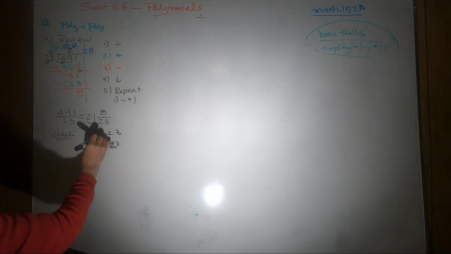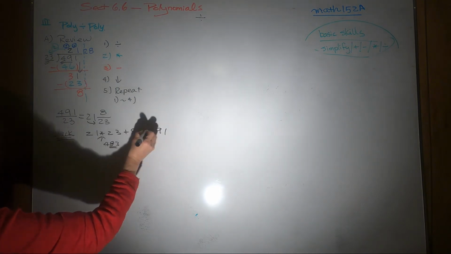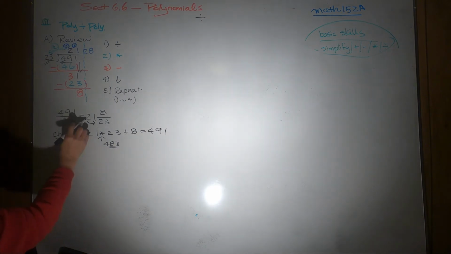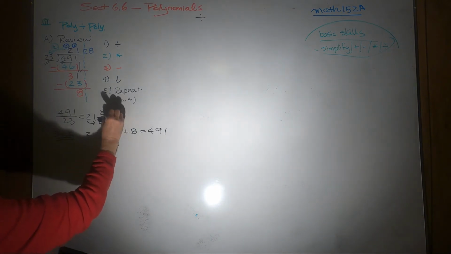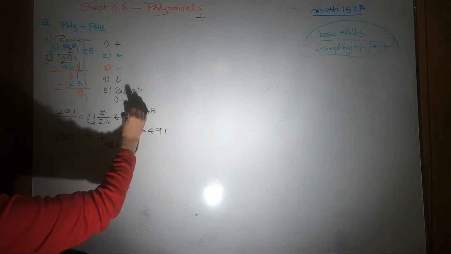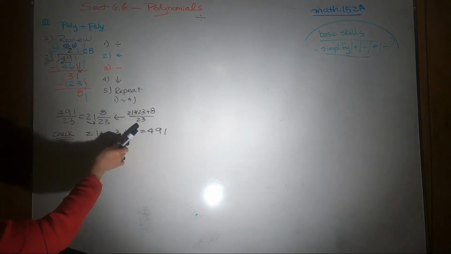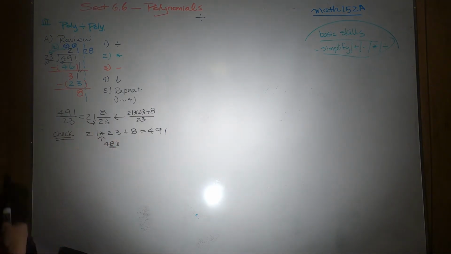Then you add 8, and you get 491 back. So if we change this one, it will be 21 times 23 plus 8 over 23rds. That would be 491. That's how you check if you did it right.